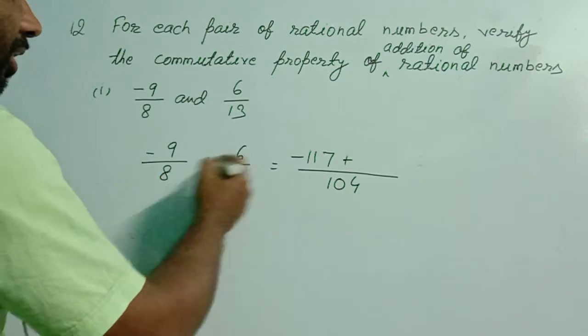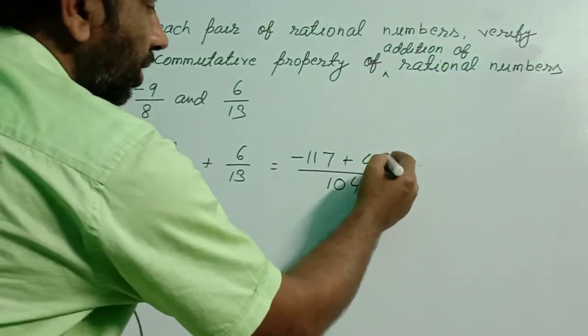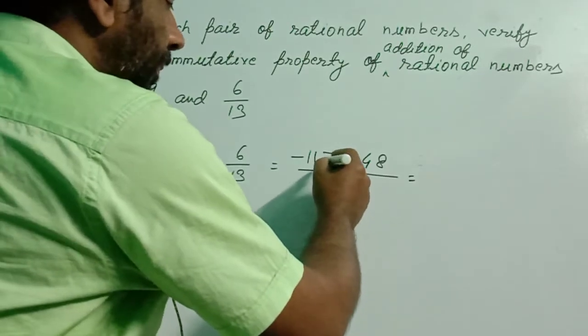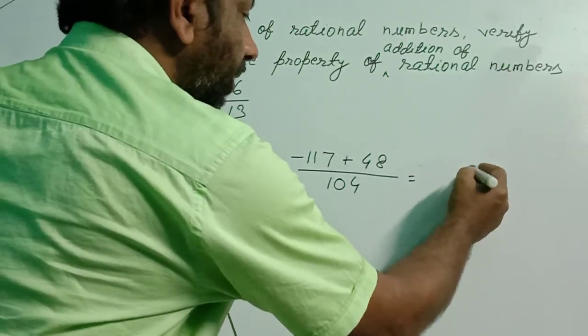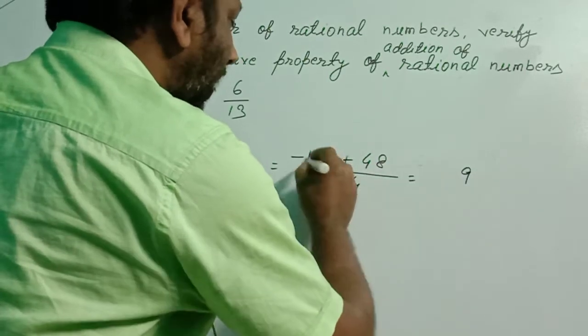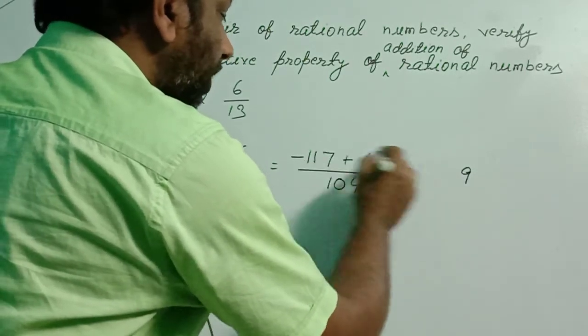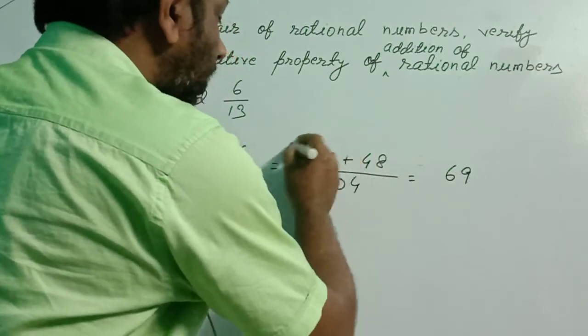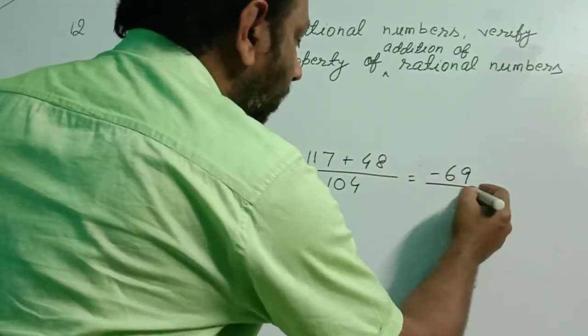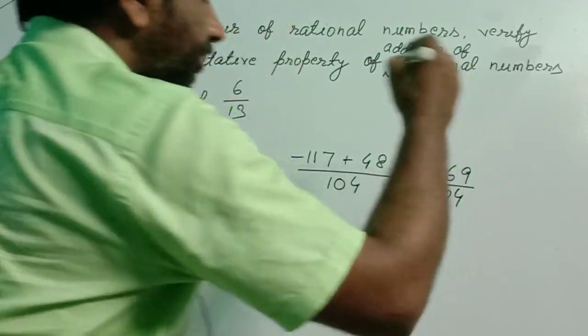We got 8. 8 into 6, 48. So this simplification became minus 117 plus 48, which is 69. The greater number consists of minus, so here minus will come by 104.